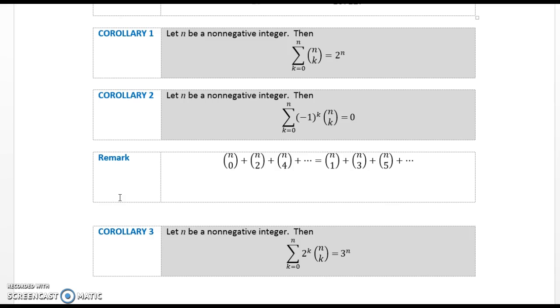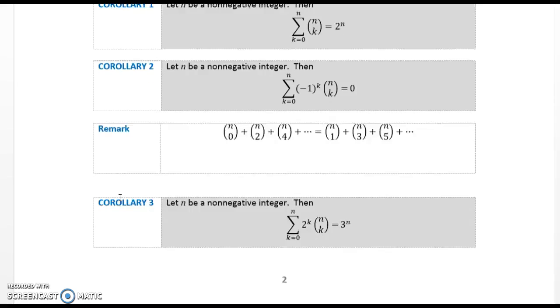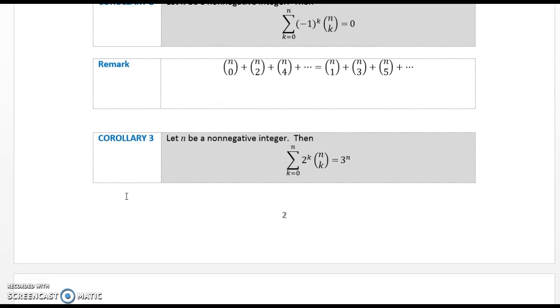Remark: n choose 0 plus n choose 2 plus n choose 4 plus dot dot dot is equal to n choose 1 plus n choose 3 plus n choose 5 dot dot dot. Let n be a non-negative integer, then the sum from k equals 0 to n of 2 to the k, n choose k is equal to 3 to the n.